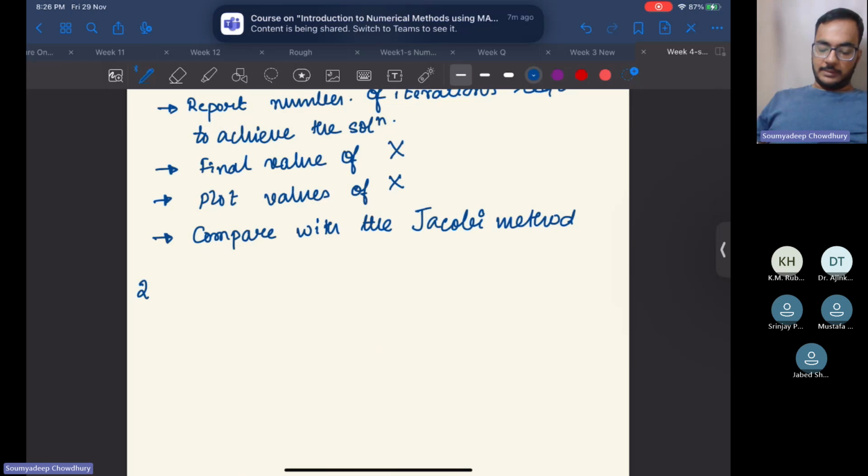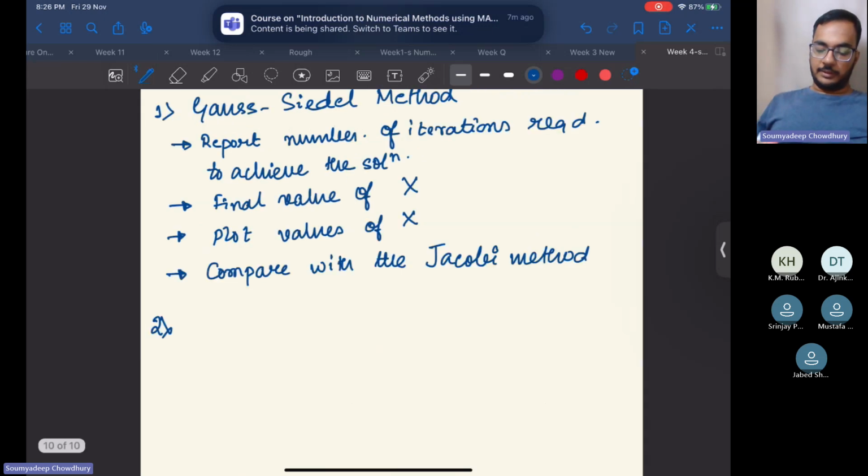This is the first homework, actually for last week. This is the week 3 homework.